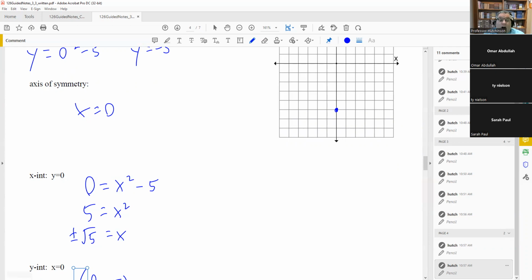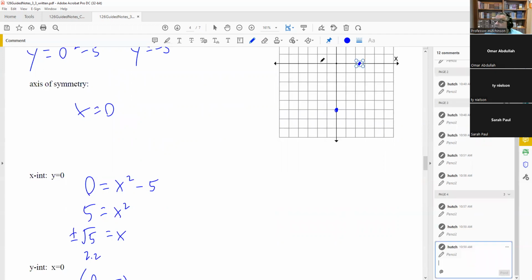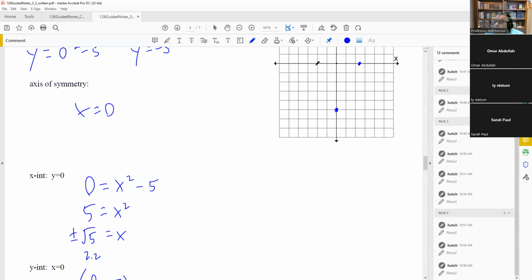Now, if you put the square root of 5 into your calculator, we can get a decimal version. You're going to get about 2.2. So on our graph here, I've got plus 2.2, which is about right here, and negative 2.2, which is over right here.